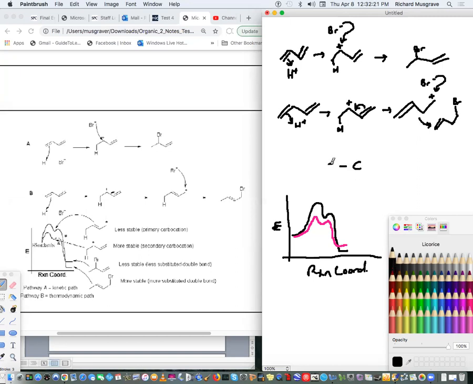Just a reminder, we've actually talked about this back in test 1. Tertiary C pluses are more stable than secondary, and that's more stable than primary.